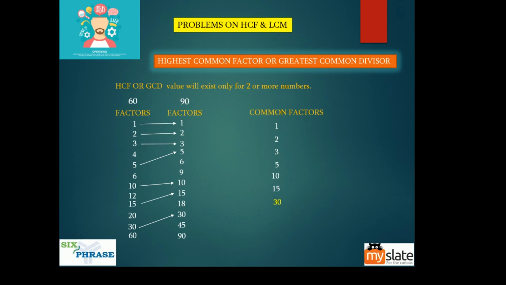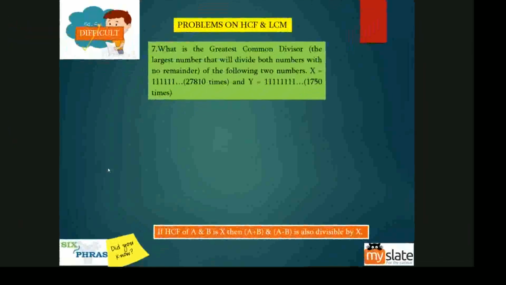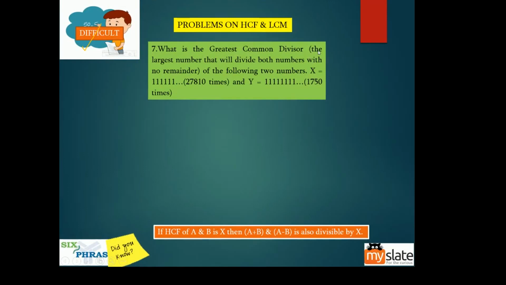Similar here: all these numbers 1, 2, 3, 5, 10, 15, 30 will divide 60 and 90 and give remainder 0. So in this example, the largest number that will divide both numbers with no remainder is the HCF. You have to find the HCF of two numbers.